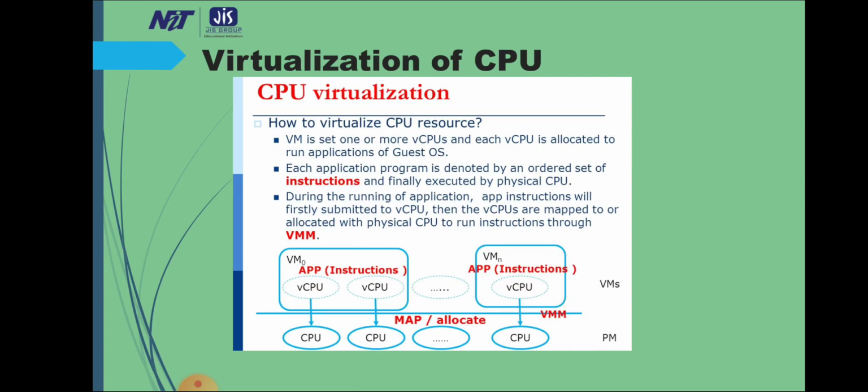How does the operating system act in CPU virtualization? We can take Linux operating system virtualization or Windows operating system virtualization as a case study. VMware Workstation software is used to virtualize a Linux system.